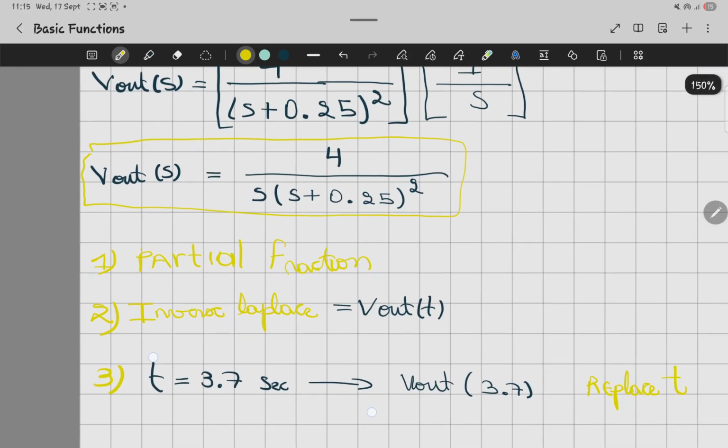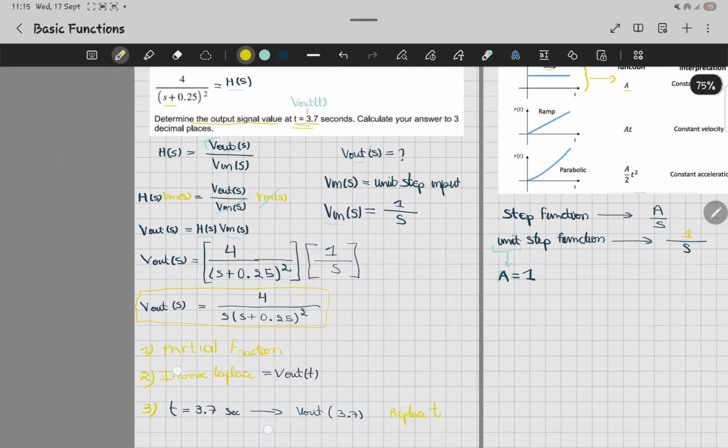That's what you do on the last step, and then you should be able to get the answer to this question.